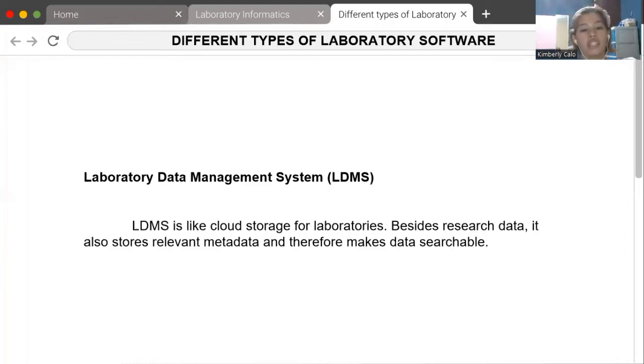Aside from that, the LDMS has other important features such as access control, electronic signatures, audit trails, life cycle management, and collaboration features, in which the ELN and LIMS systems integrate nicely with the laboratory data management system, and they can use it as a backbone storage.